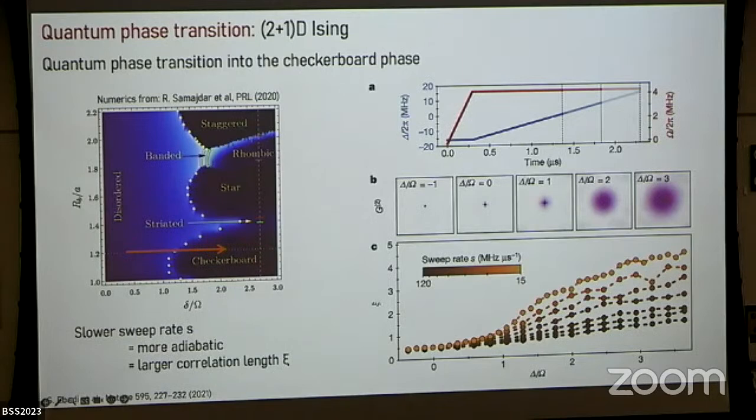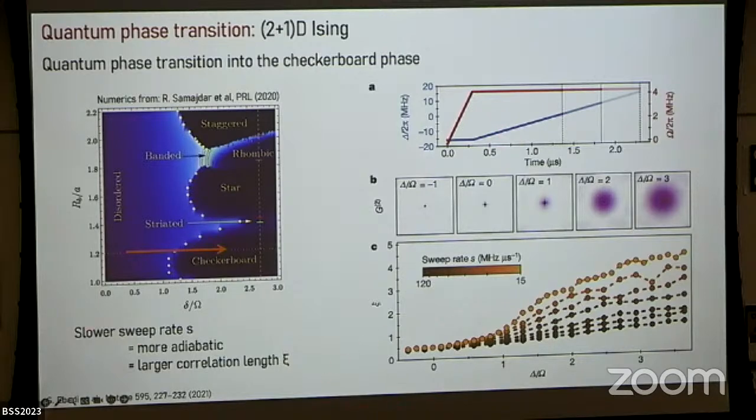And the way we study this phase transition is by sweeping into the checkerboard phase with different sweep rates. So in this case, instead of doing the cubic sweep that I showed you before, we just go simple. We just do this linear sweep, but we change the sweep rate. So we change how fast we go into the phase.